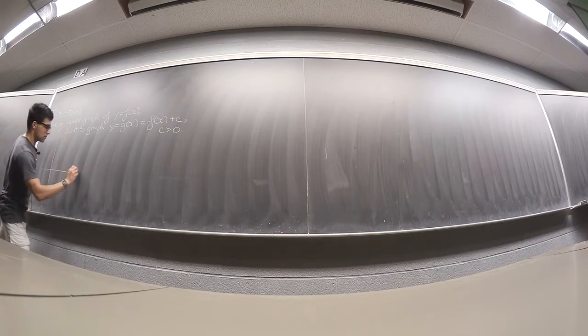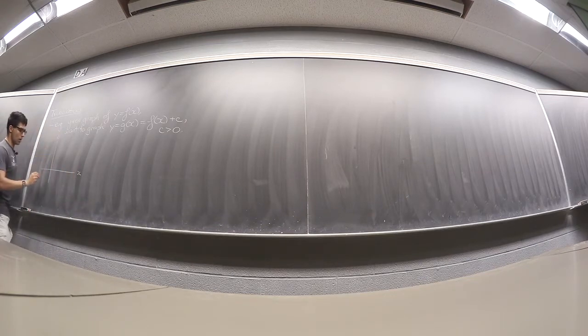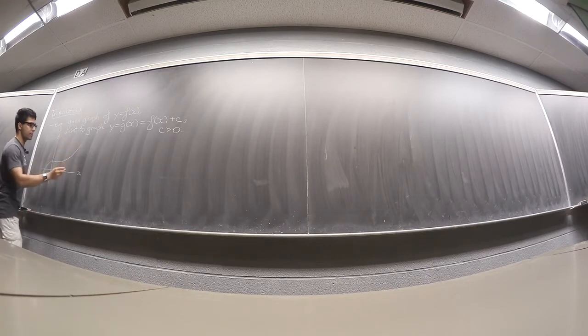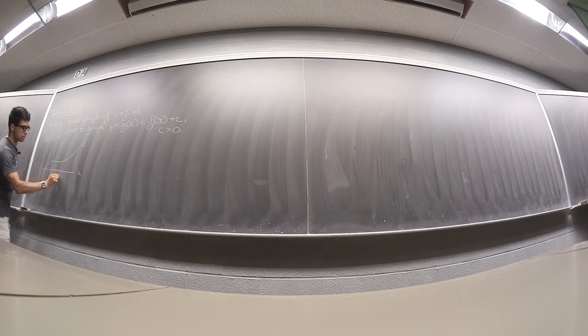Suppose we have a graph for f. At any value of x, the y-coordinate on this graph is f(x), and the point on the graph of g at x is f(x) plus c.